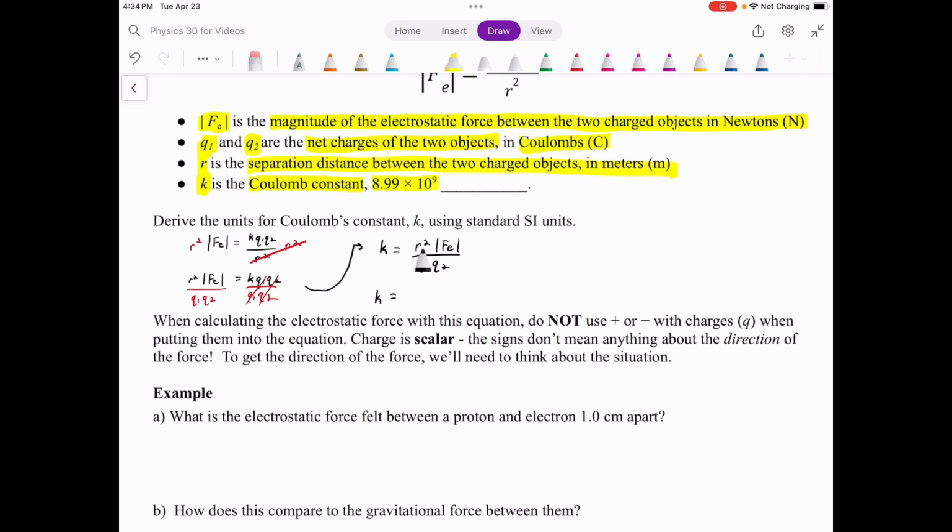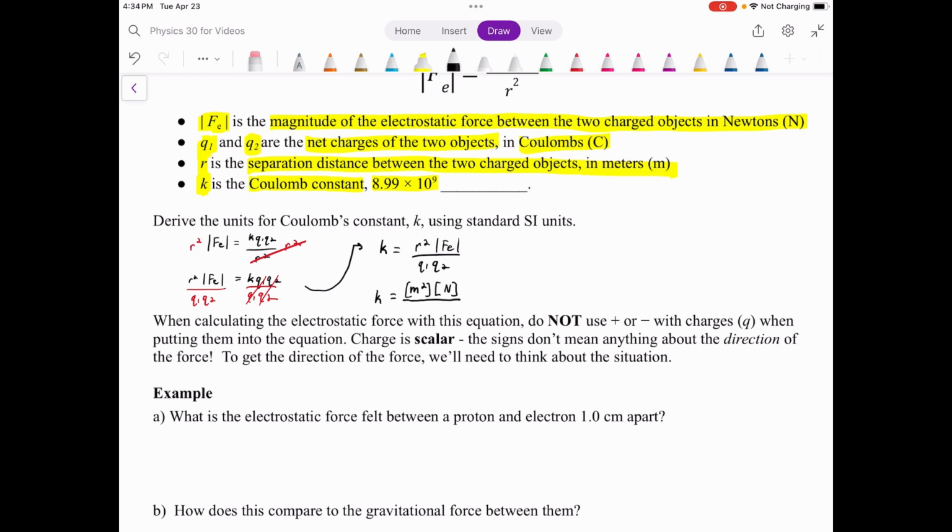So look, how do we measure distances? In meters. And then we're squaring those meters, so we're going to have meters squared times, how do we measure forces in standard units? Newtons, right? It didn't say base units, so we can use newtons. We don't have to call them kilograms meters per second squared. Divided by two charges multiplied together.